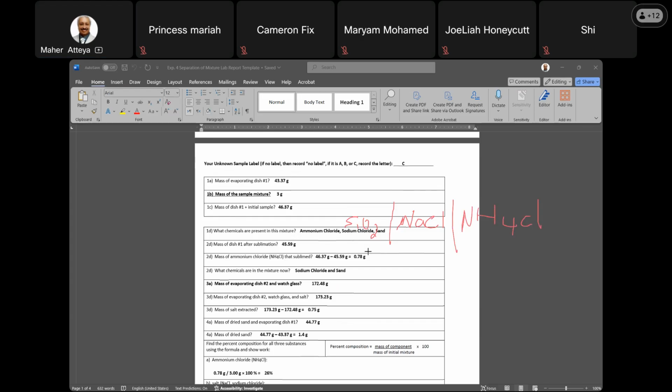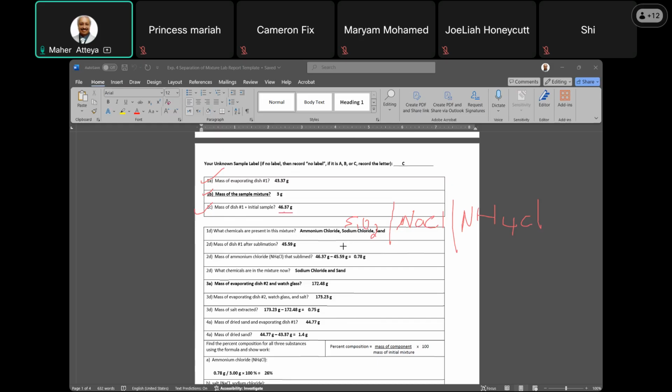Correct? So, any question about step 1? Empty, correct? Added the mass, 3 grams. The sum will be both, correct? When you add 3 grams, you reweigh, and the mass of the crucible empty plus the 3 grams will come up to this value, correct?